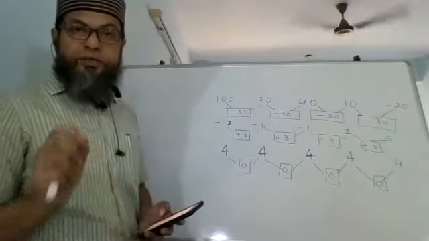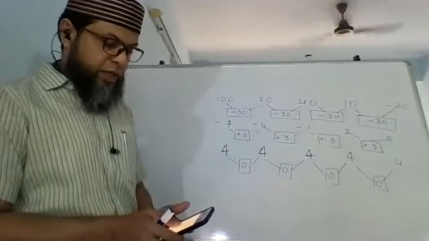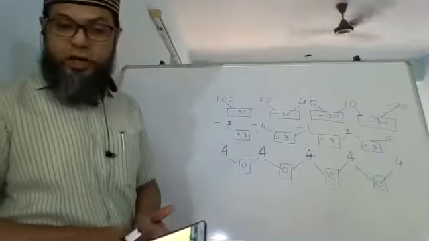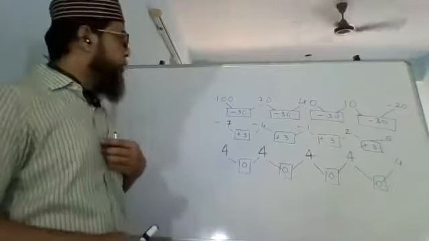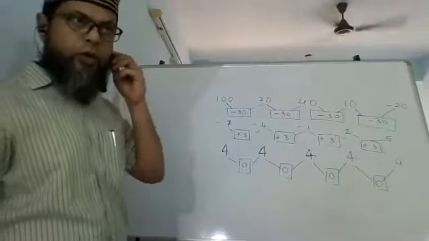So if the difference is constant, then it is called an arithmetic progression. If the difference is not constant, then it is not called an arithmetic progression.